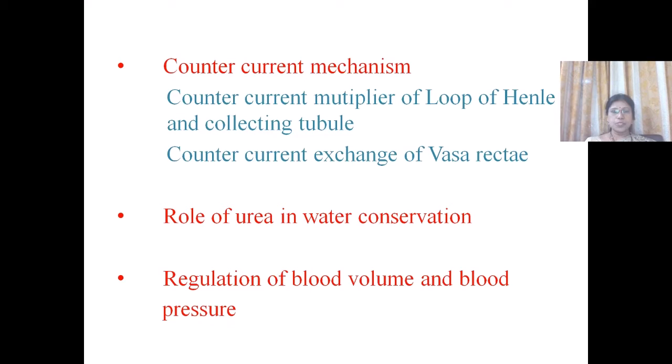Proximal convoluted tubules and loops of Henle are responsible for obligatory water reabsorption, and this accounts for 90% of the filtered load. The remaining 18 to 20 liters of forming urine reaches the distal convoluted tubule and collecting tubule, and here the water reabsorption is regulated.